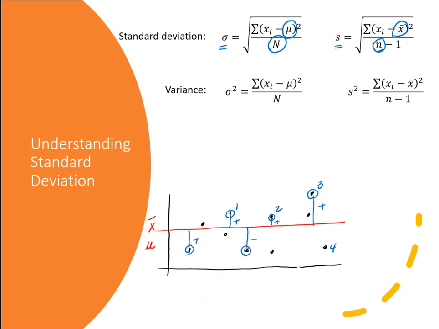So the formulas are very, very close. They are just differing ever so slightly when we try to calculate the standard deviation. Let's look at an example together to be able to determine how we can find the standard deviation by hand.